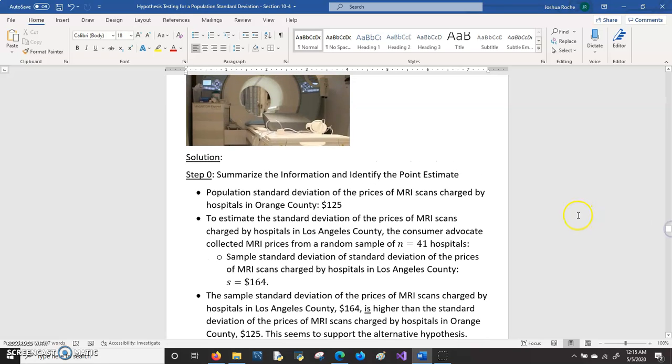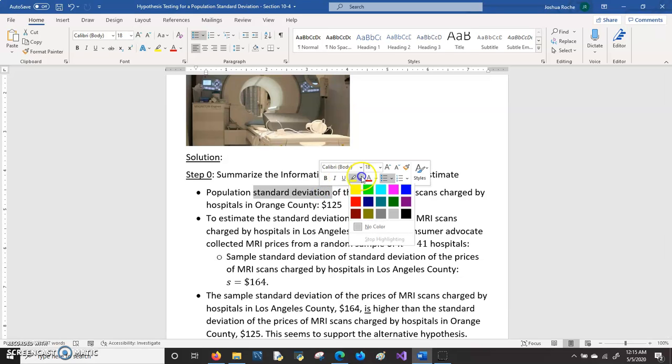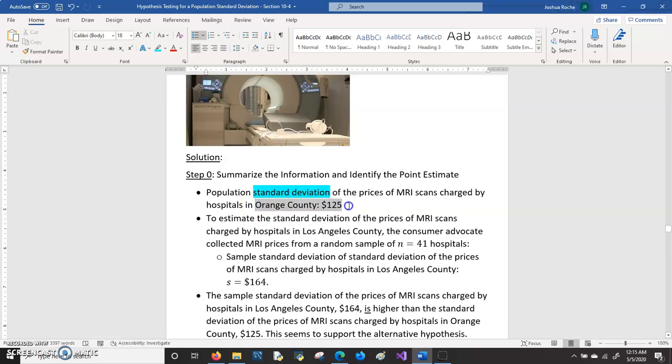So step 0 would be to summarize the information and identify any point estimates. In this study, they are comparing the standard deviation of prices in Orange County to the standard deviation of prices in Los Angeles County. The consumer advocate obtained a sample of 41 hospitals, measured their prices for their MRI scans, and calculated a sample standard deviation of $164.